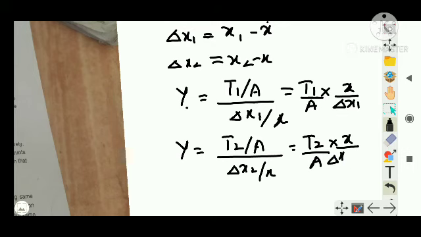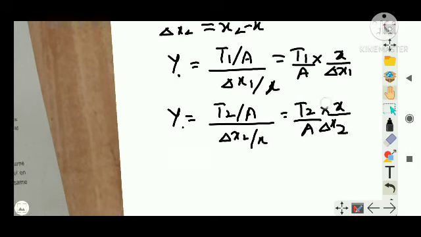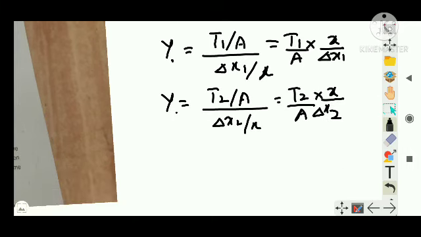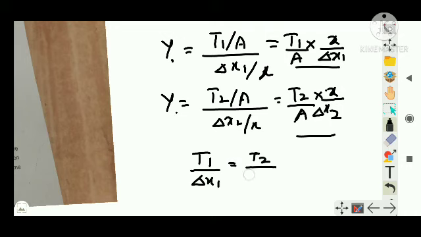Now from these two expressions, the LHS is equal, so I can equate these two. When I equate them, x cancels out, A cancels out. So I can write T1 by delta x1 is equal to T2 by delta x2, right?